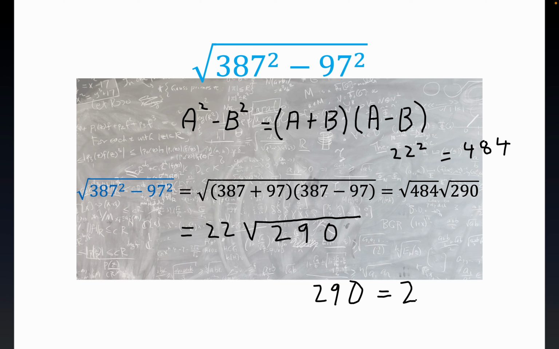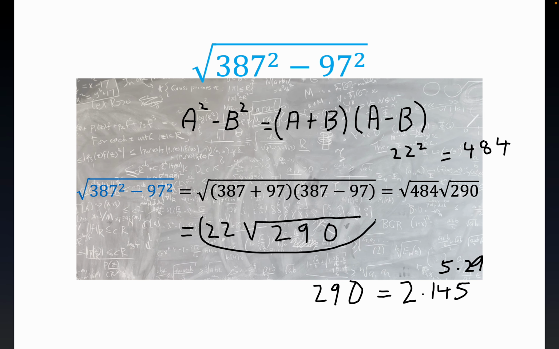Okay, so there's not any perfect square factors in 145. 145 is equal to 5 times 29, right? So definitely no 25s going on there. 5 times 29, 100 plus 45. Okay, so we can't simplify the 290 anymore in terms of reducing or simplifying the radical. So this is the final answer.